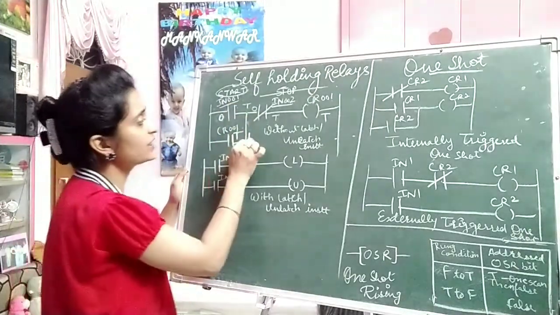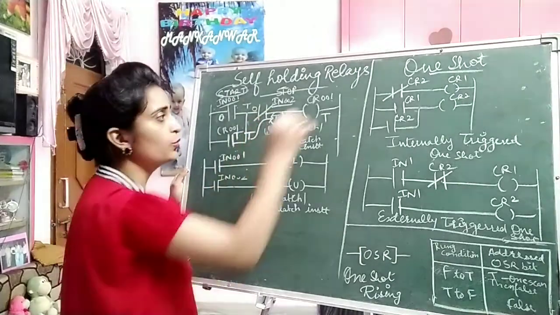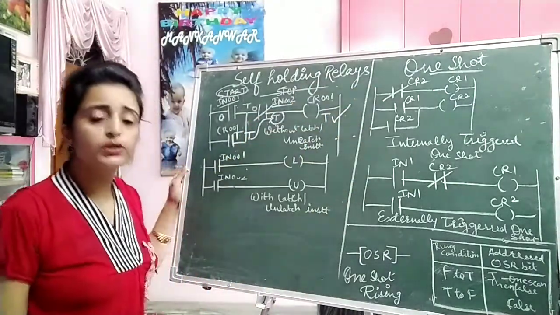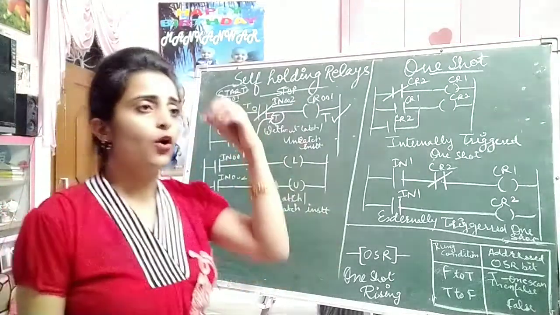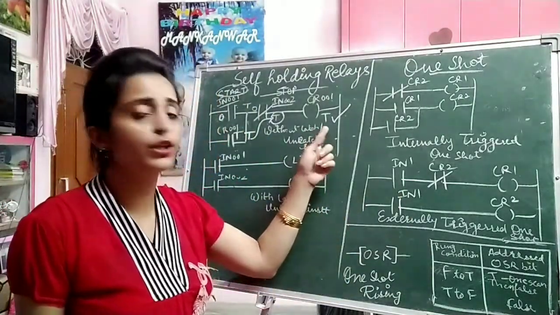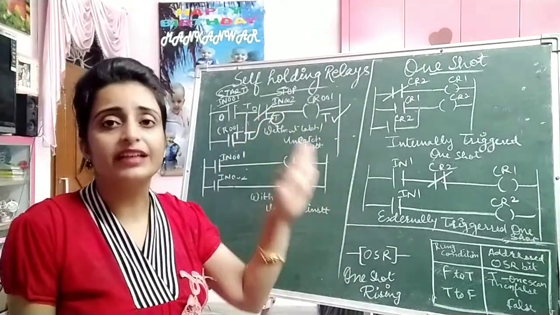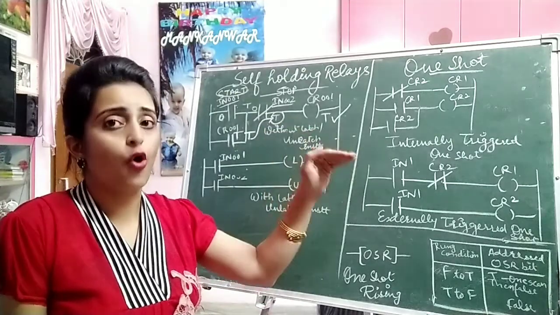So this true will combine with this true, and this output motor or relay or lamp or LED or anything that we are using here will retain its on position, right?